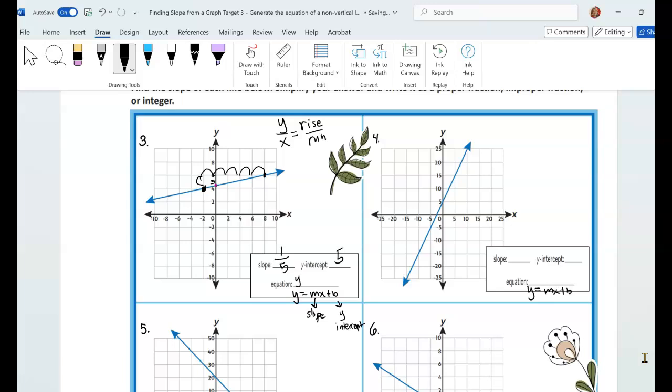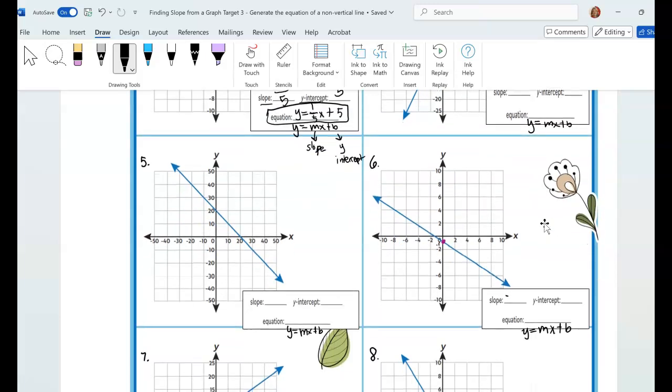So y equals, what's the slope? 1/5 x plus, and then what's the y-intercept? 5. So there we have it. That wasn't too awful at all, was it? Okay, so I want you to pause this video and work number 4 on your own. You can do it.